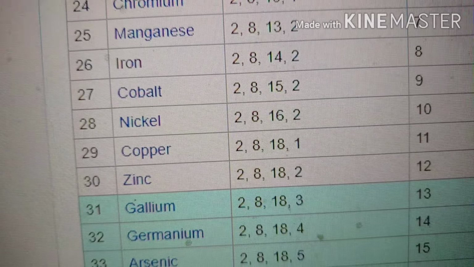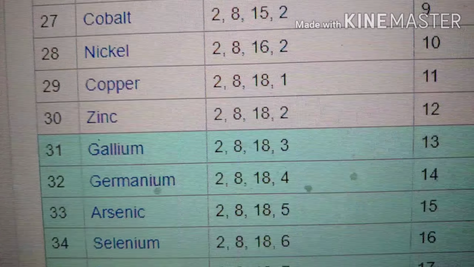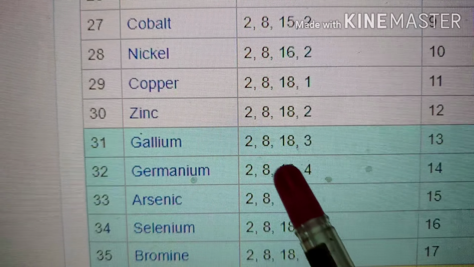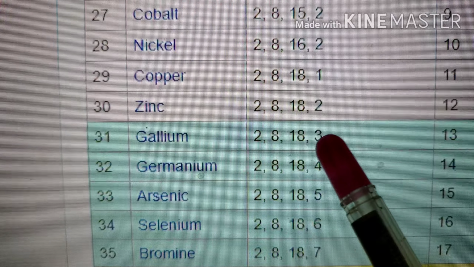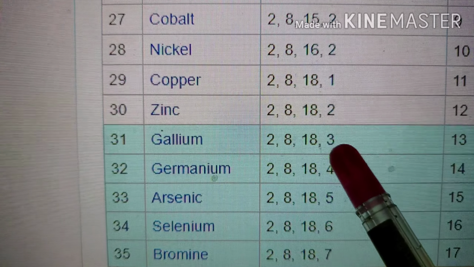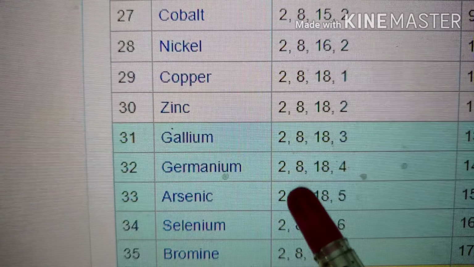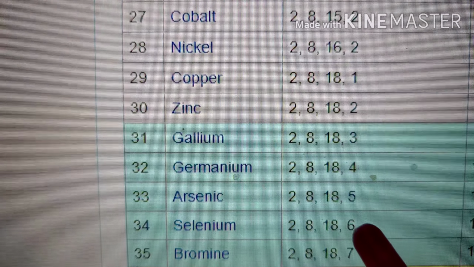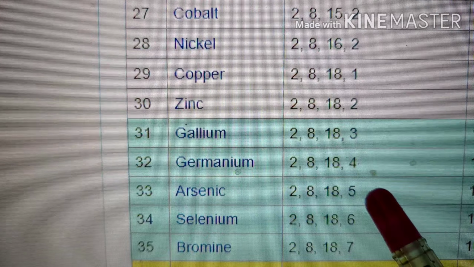Here you see, if I go downwards, in case of germanium, it is having 18 electrons fulfilled and 4 in the outermost shell. So in excess of 18, the extra electrons are transferred to the outermost shell.